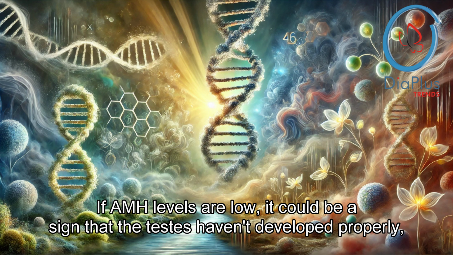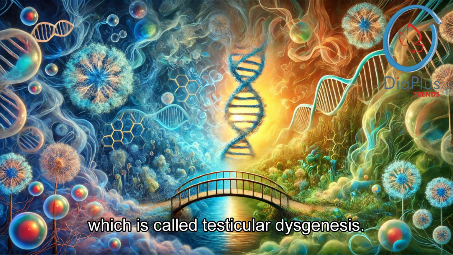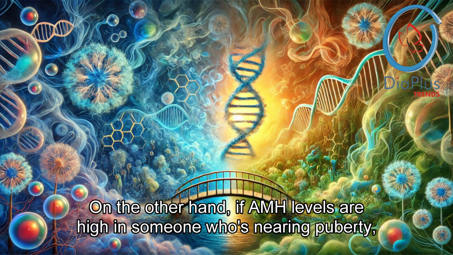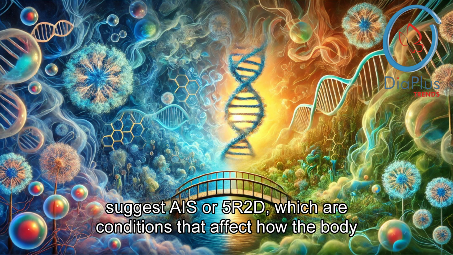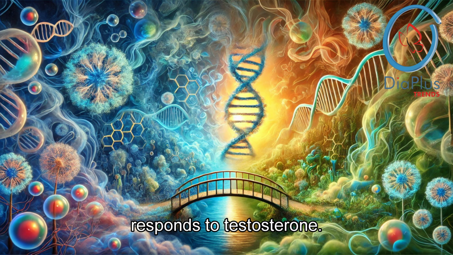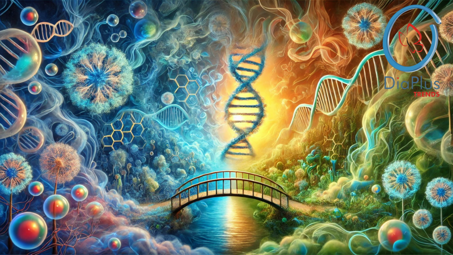If AMH levels are low, it could be a sign that the testes haven't developed properly, which is called testicular dysgenesis. On the other hand, if AMH levels are high in someone who's nearing puberty, it might suggest AIS or 5R2D, which are conditions that affect how the body responds to testosterone. So it sounds like AMH can give us some clues about how well the testes are functioning overall.